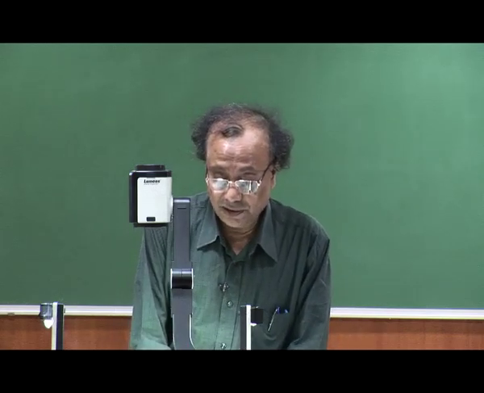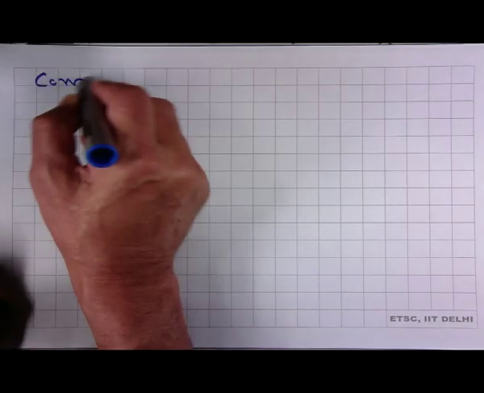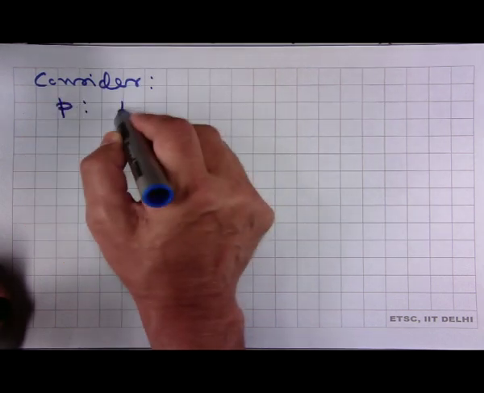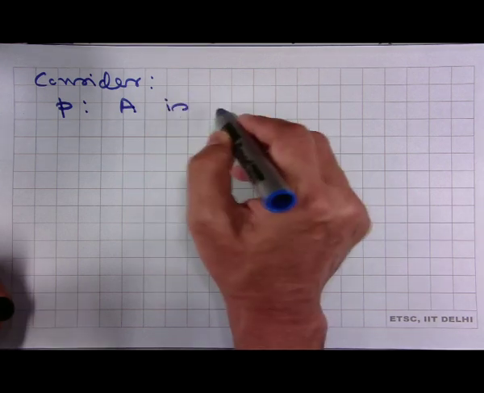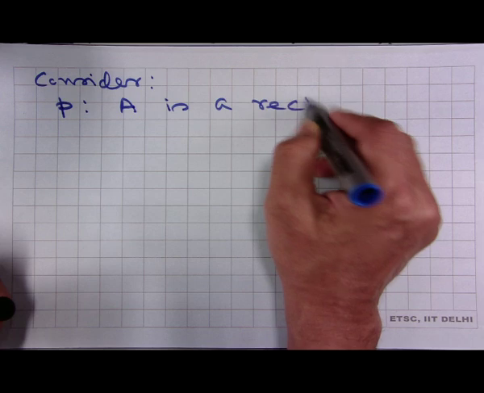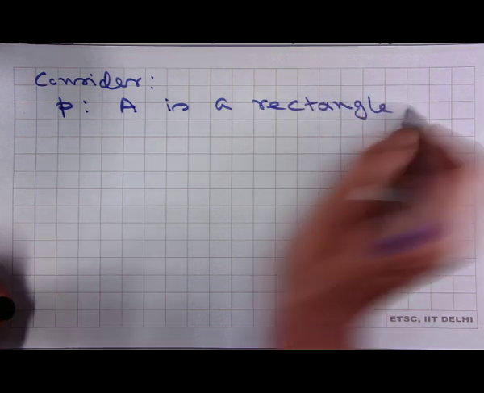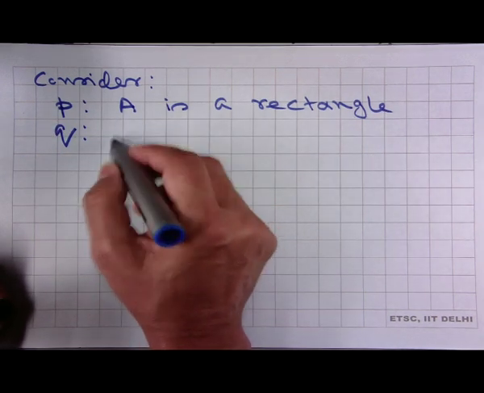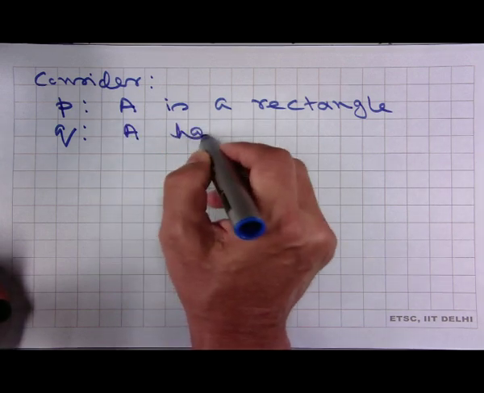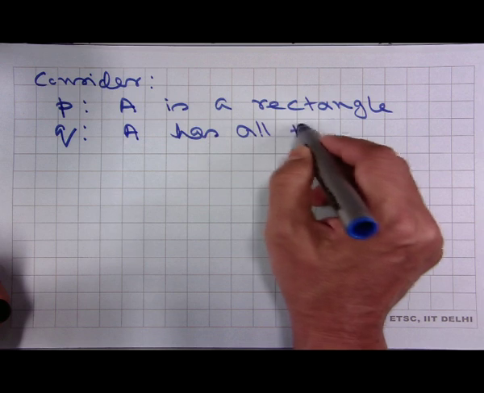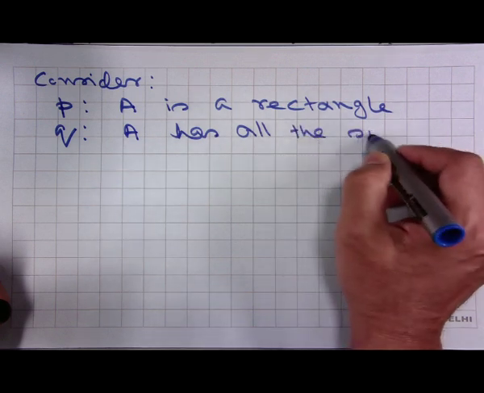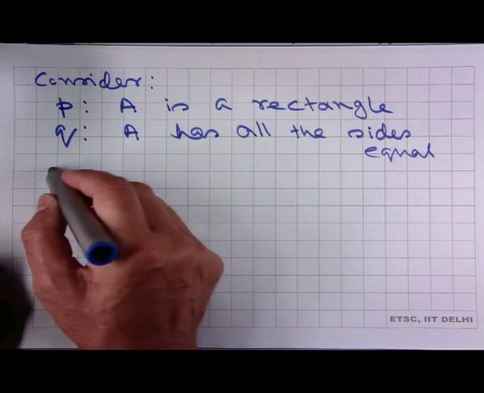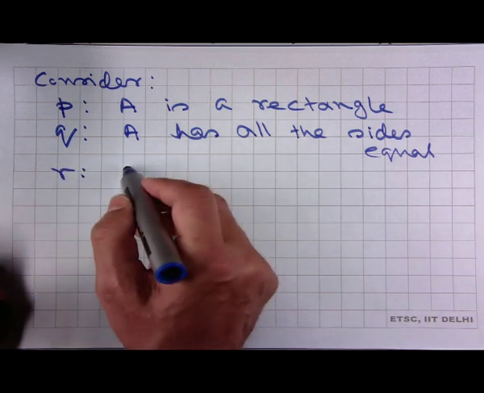Now, let us look at some example. Say, consider three statements. P: A is a rectangle, Q: A has all the sides equal, and R: A is a square.